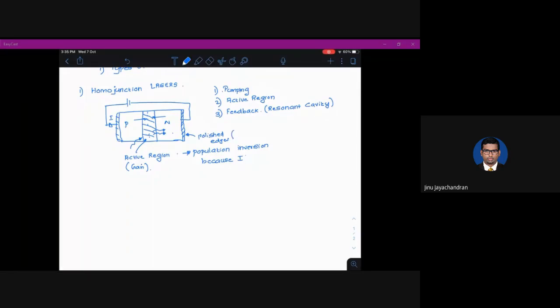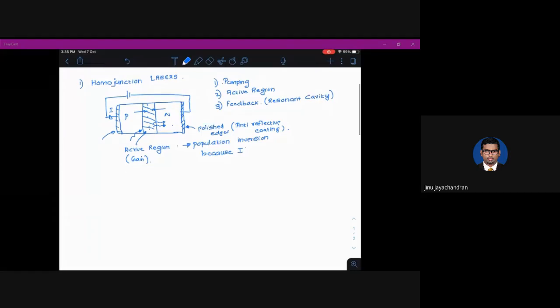There will also be an anti-reflective coating, an AR coating, at both the edges. The reflectance of these two coatings will be approximately 100% on one side, and the other side will have less reflectance so that some of the laser light comes out.